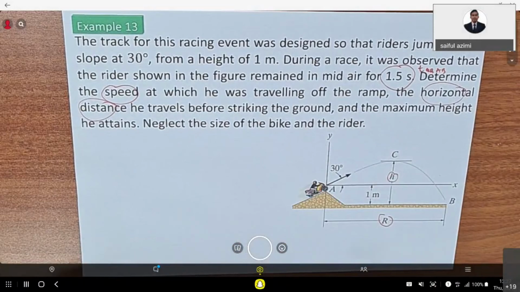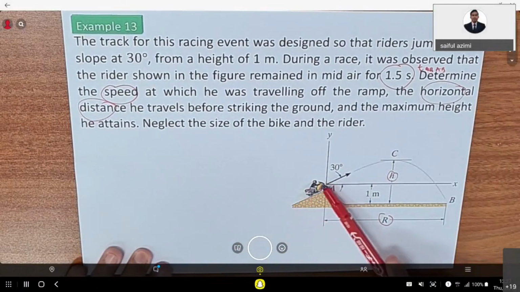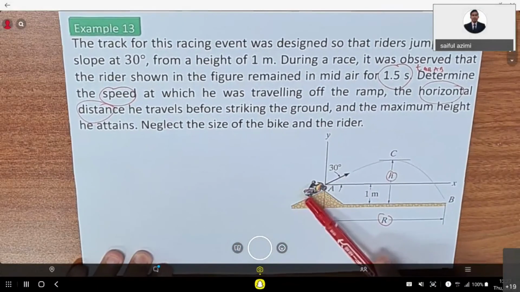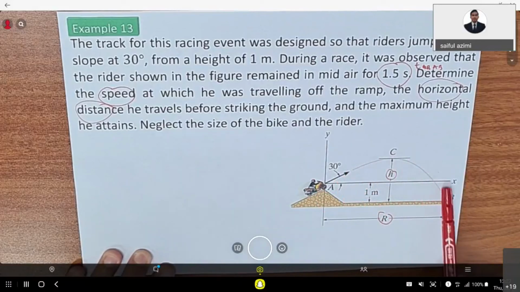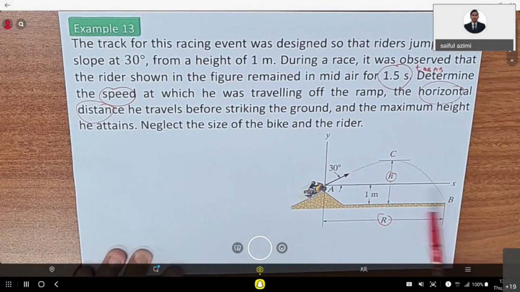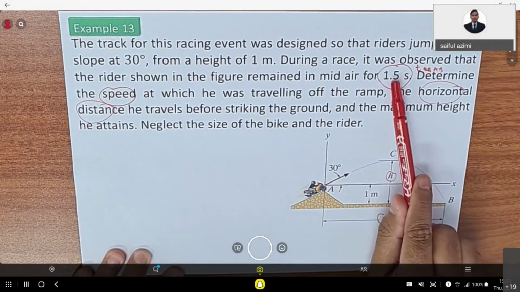So this is actually the track of the racing event. You have the slope of 30 degrees, and the racer goes until it reaches the ground. The time is 1.5 seconds.